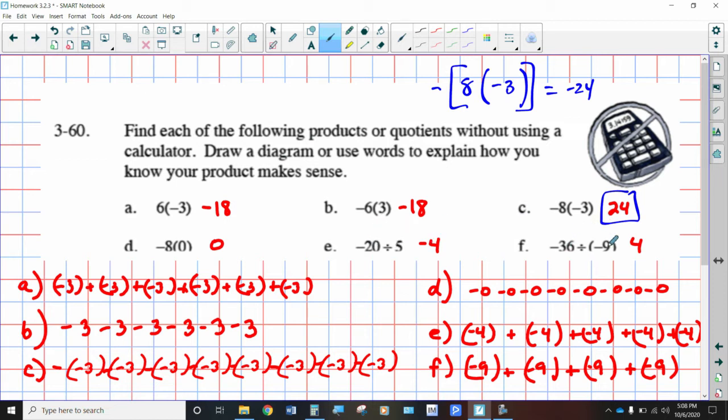And when you're dividing numbers with the same sign, you're always going to get a positive answer. So 4 times negative 9 is negative 36 because negative 36 divided by negative 9 is positive 4. Negative 4 times 5 is negative 20 because negative 20 divided by positive 5 gives you negative 4 for an answer.